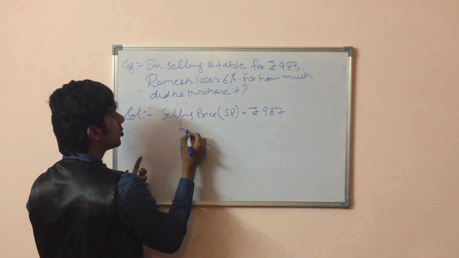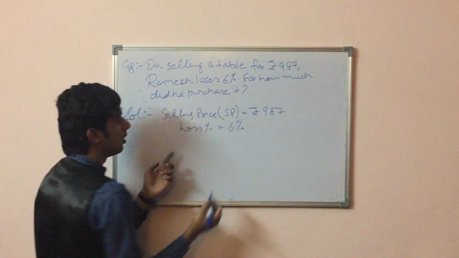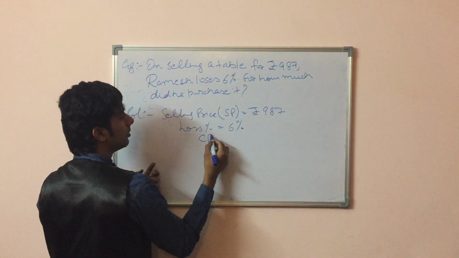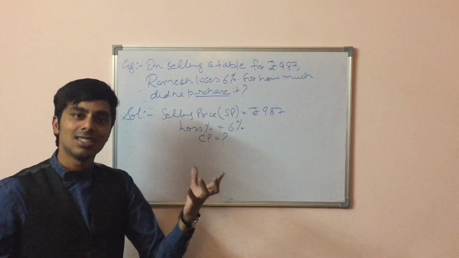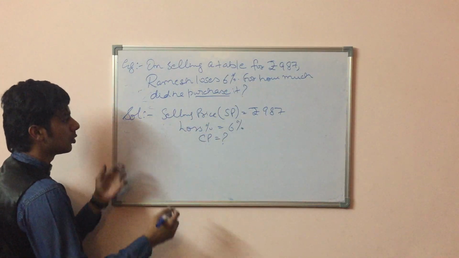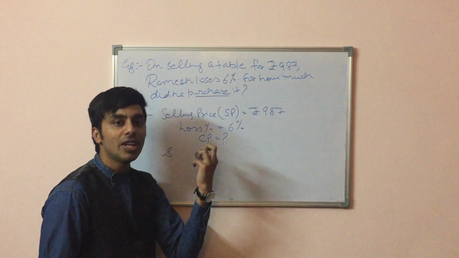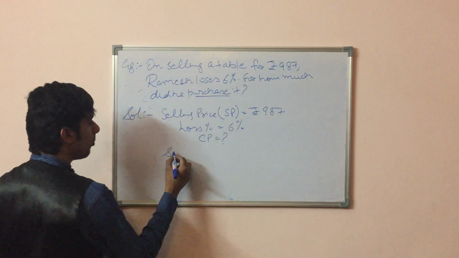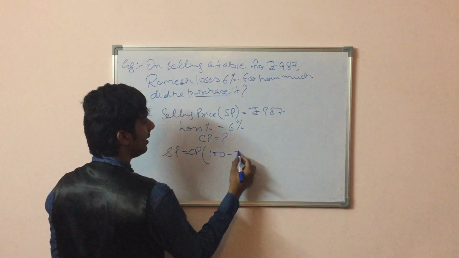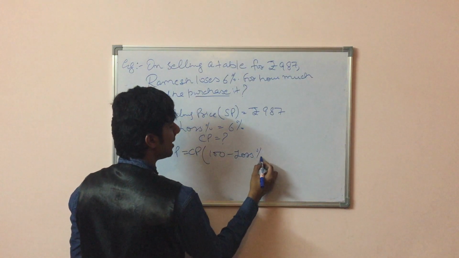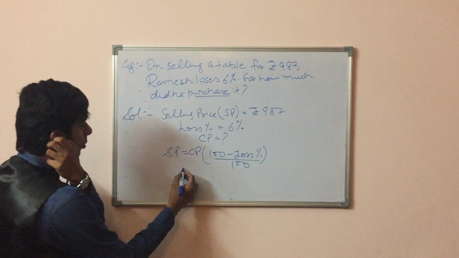And we have a loss percent, which is 6%, we have to calculate CP. For how much did he purchase? Purchase means the cost price, right? So as I told you, whenever two things are given and the third we have to find out, we have to use a formula like SP equals CP into 100 minus loss percent upon 100, right?